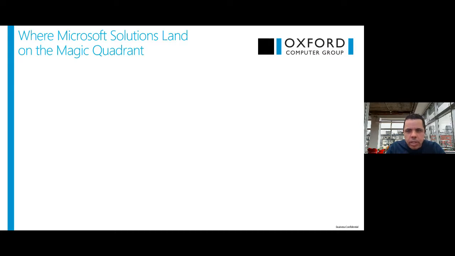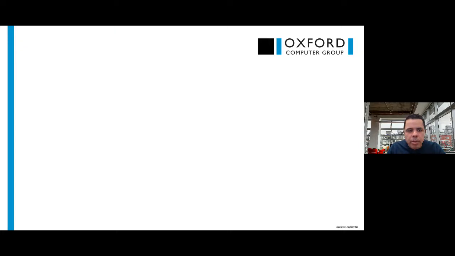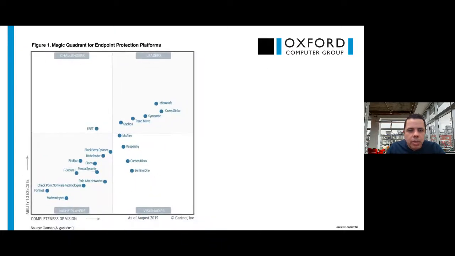When I did a little research on these different solutions that Microsoft provides, it's interesting that, for instance, if we look at the 5 key areas, we'll look at endpoint protection first. In endpoint protection, Microsoft is regarded as a leader, both in completeness of vision and ability to execute.